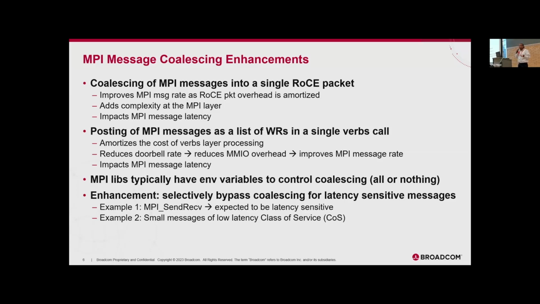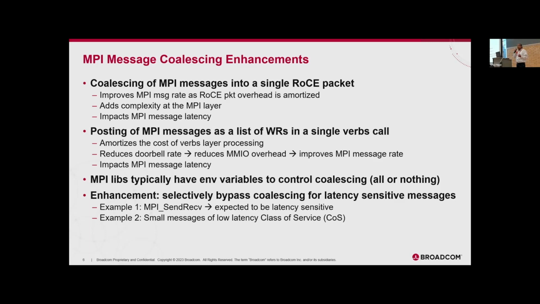So what you're doing is trying to amortize your cost of sending a packet which may include more than one message. This may improve your message rate, but it comes at the cost of complexity in the MPI library. Plus, it may impact your latency. So for a really latency sensitive application, coalescing is not that beneficial, but it does help with the message rate.